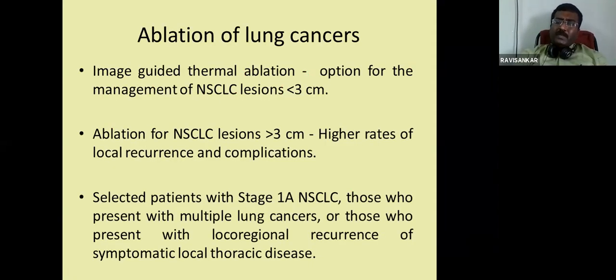When the patient performance status is poor, or you have a very small tumor, you cannot go for the surgical modality. Then you have two options. One is you can go ahead with ablative treatment, or you can go with SBRT. The ablation can be done when the tumor is less than 3 centimeter, preferably less than 2 centimeter.